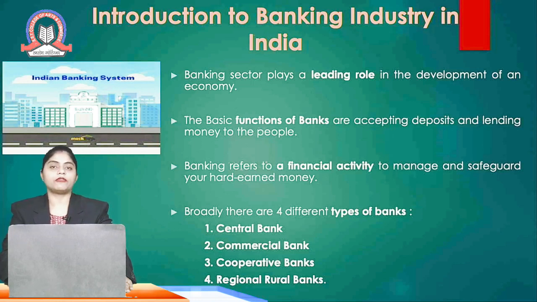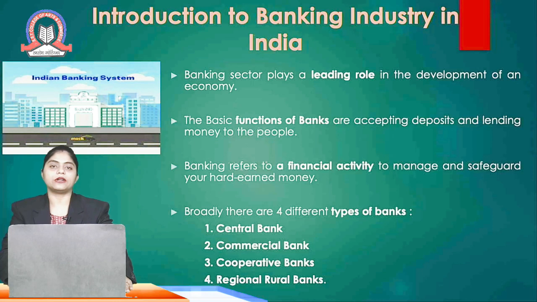Broadly, there are four types of banks: central bank, commercial banks, cooperative banks, and regional rural banks. Apart from these, there are local area banks, payment banks and other banks also. But the entire banking sector is regulated by RBI, which is the central bank, the Reserve Bank of India.